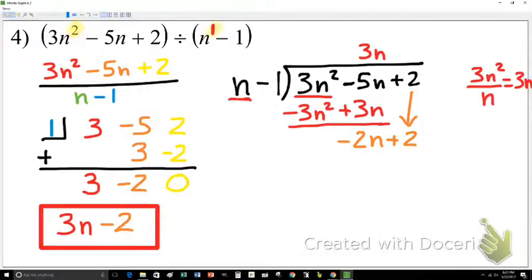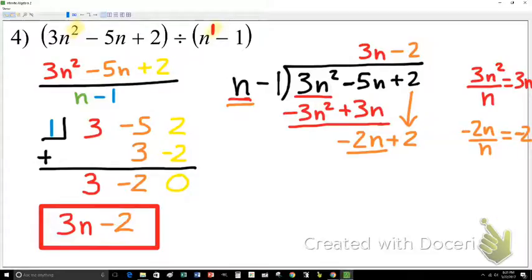Alright? So we're going to take the negative 2n now, that we have in the lead here, and we're going to divide that by n. Okay? So negative 2n divided by n is equal to a negative 2. Okay? And that number goes right over here at the end.